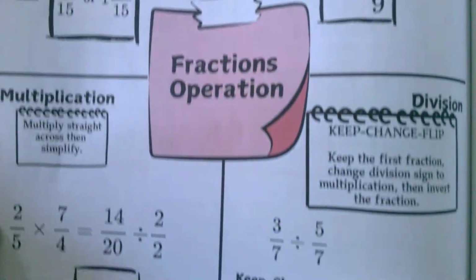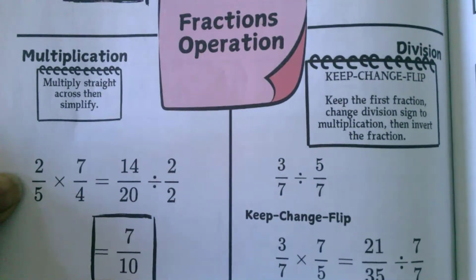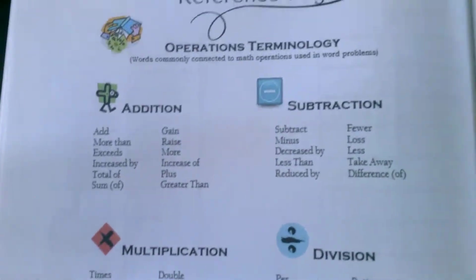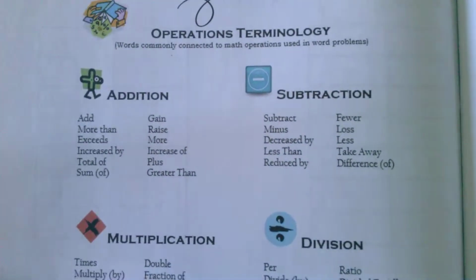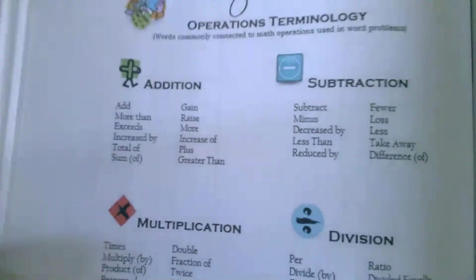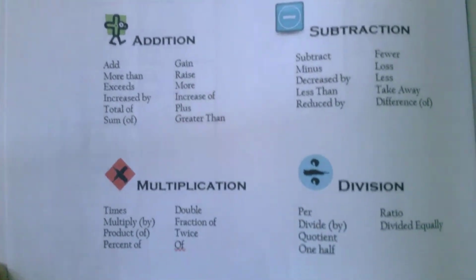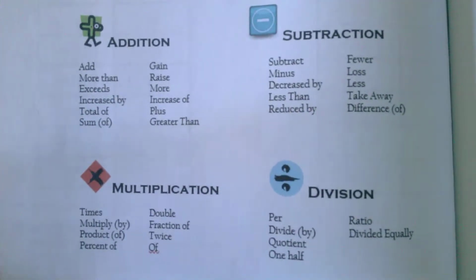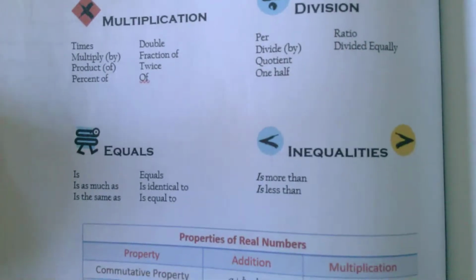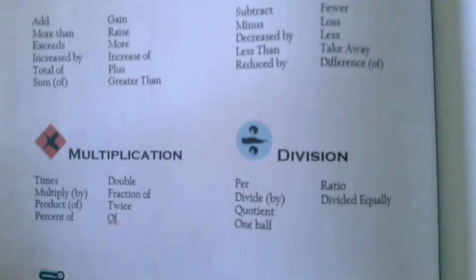A lot of kids and also adults need some reminders of how to add, subtract, and multiply fractions. Then you have word problems, okay? These are the most popular words and what operation it's connected with. So we have adding, subtracting, multiplying, dividing, equals, and inequalities.